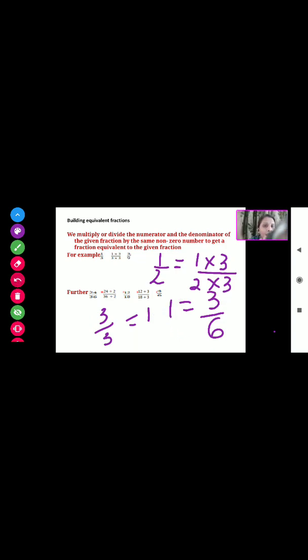It is not like that by multiplying only you can find out equivalent fractions. You can find out equivalent fractions by dividing also. For example, I am having fraction like this, 8 by 20. Here 8 is a numerator and 20 is a denominator. How can I find out the equivalent fractions of 8 by 20?